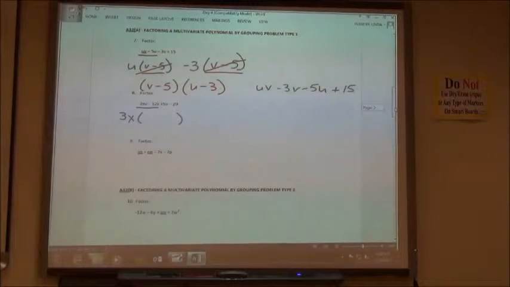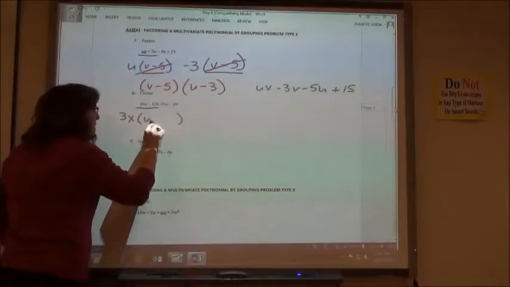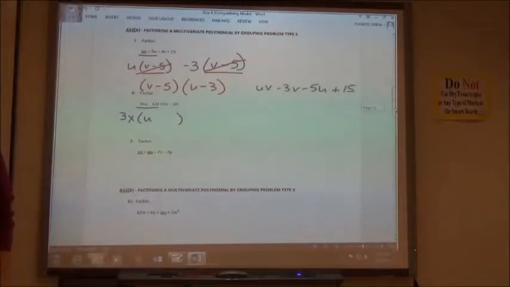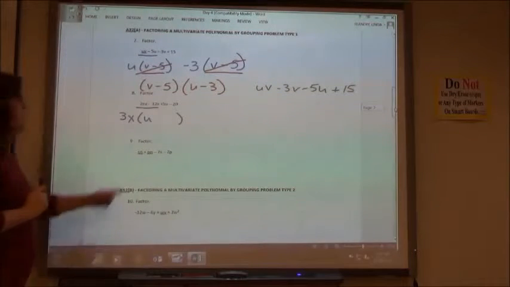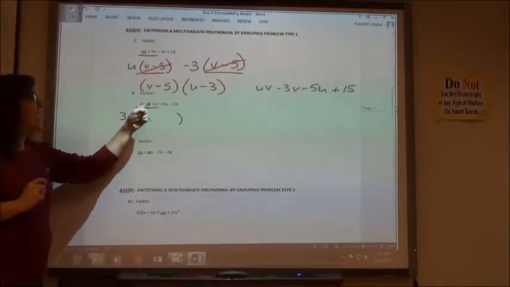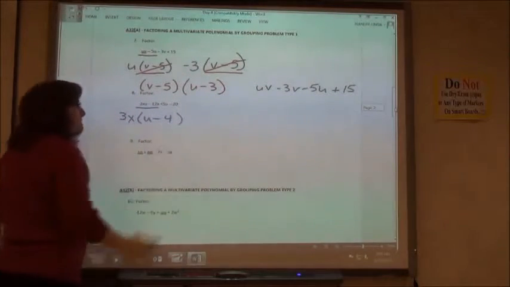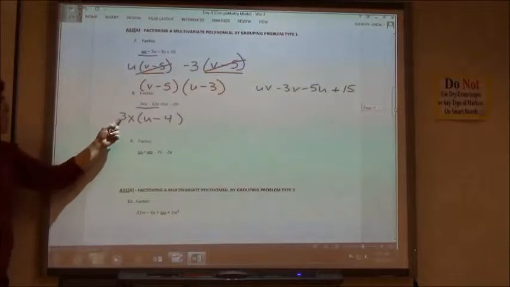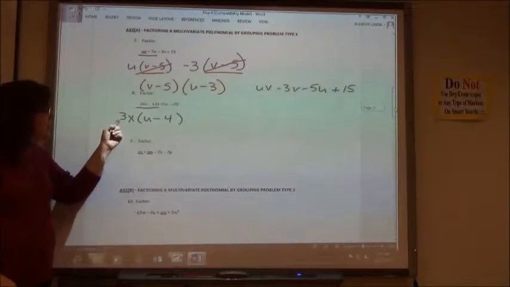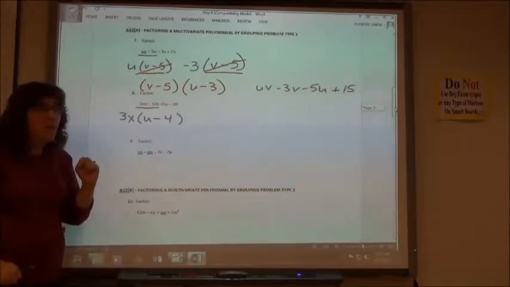A u, and just a 4, because the x is coming out with the 3, right? So x minus 4, right? 3x times u would be 3xu, and 3x times minus 4 is minus 12x.